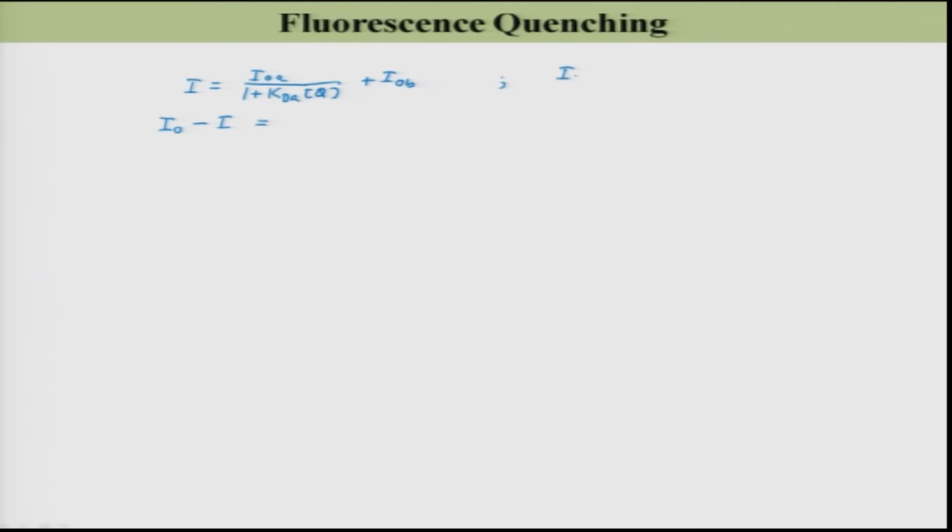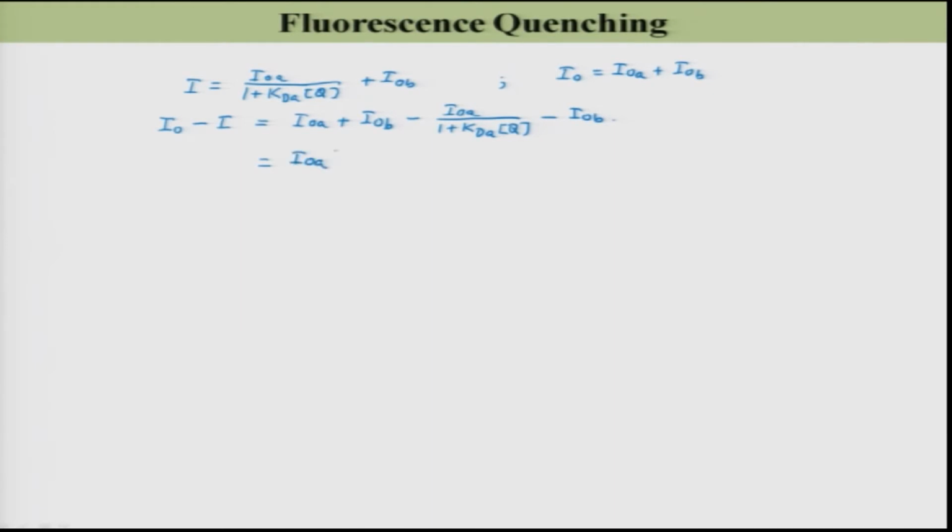Right here, I 0 equals I 0 A plus I 0 B. So, I 0 minus I I can write as I 0 A plus I 0 B minus I 0 A divided by 1 plus K d A into Q, minus I 0 B. I do not have any K d B because the fluorophore present in that buried B site is not accessible to the quencher.